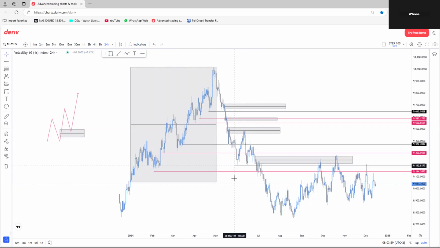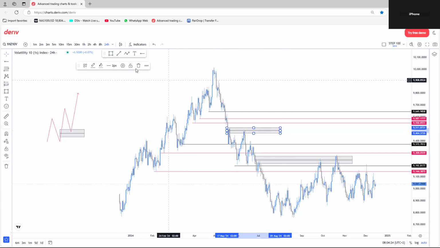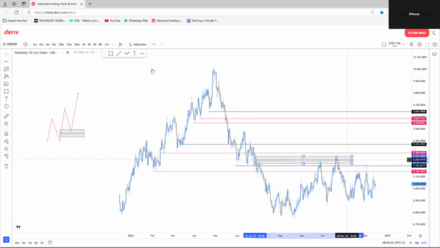So the black lines are just marking the highest V's, and the red lines are just showing you the lowest V, so you can understand everything I'm going to say. Now I can delete all this and give you the proper analysis.